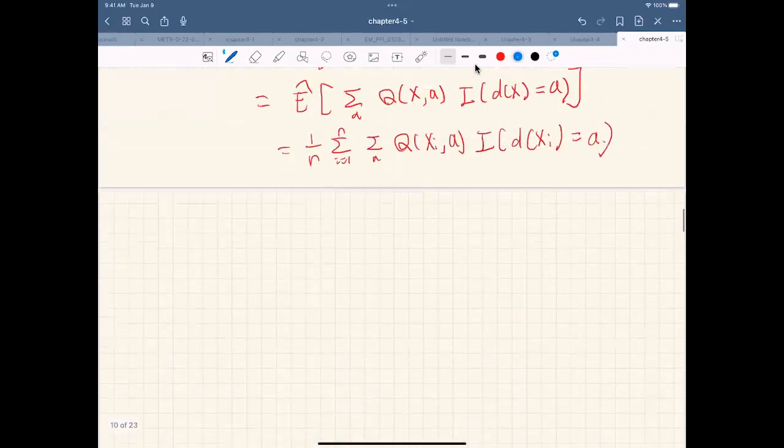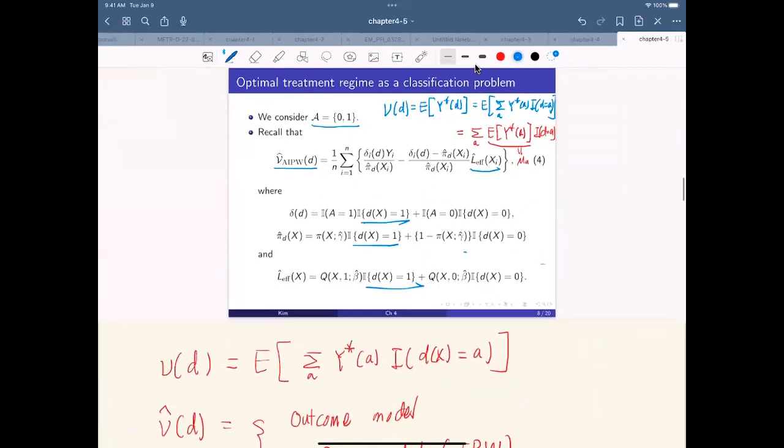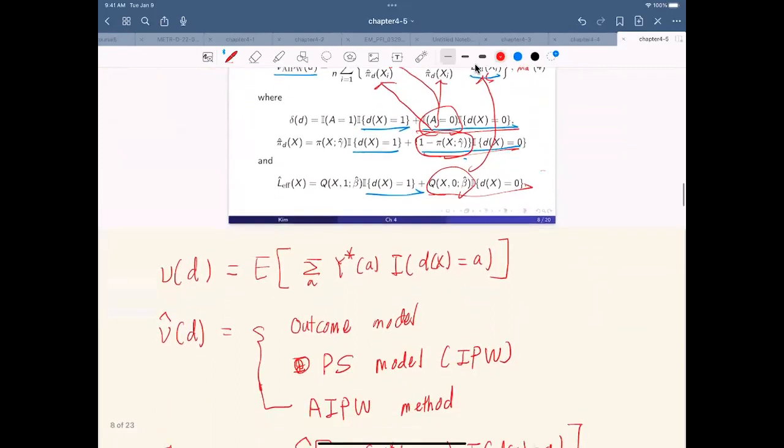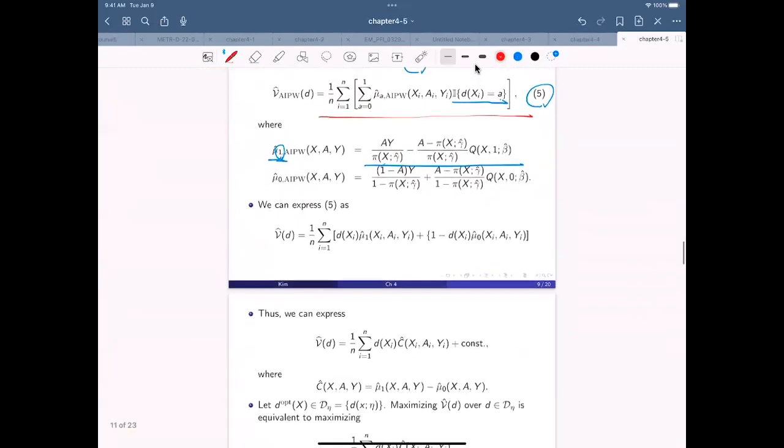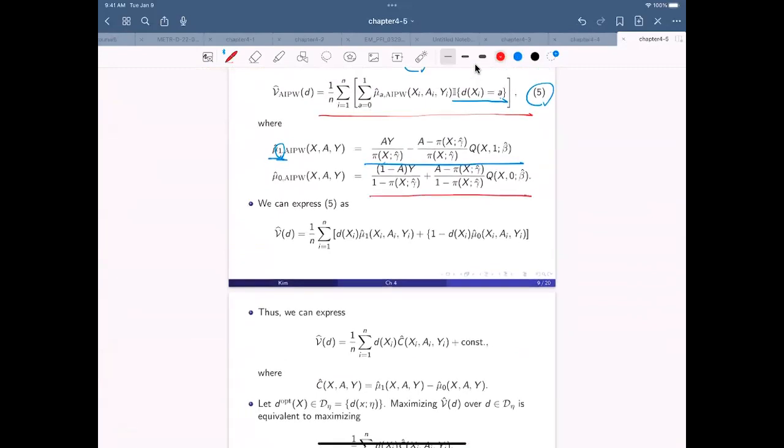We are now considering this term. And so this guy can be plugged into here, and this guy can be put into here and here. And then this guy is plugged into here. Okay. And then after algebra, you get this.